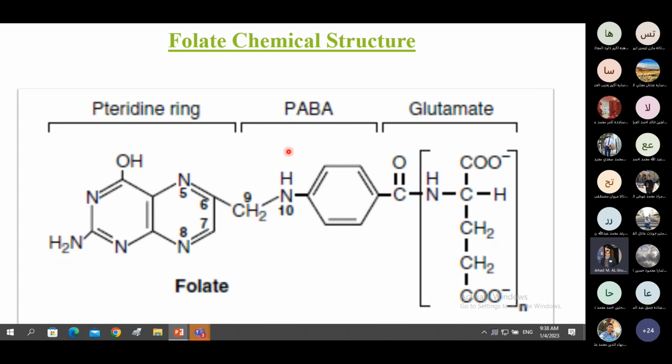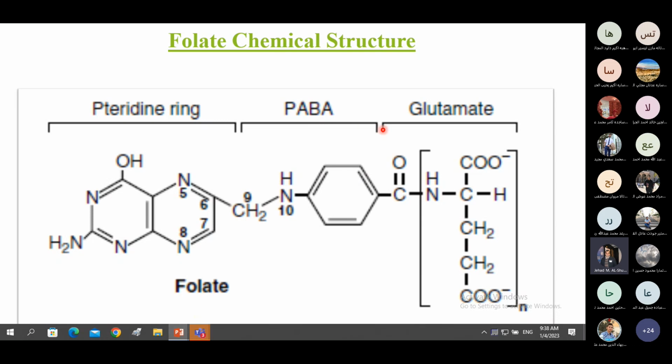The second is PABA. PABA is the short form of para-aminobenzoic acid, as you can see from the structure. Amino because of the amino group. Benzo because of the benzene ring. Acid because of the COOH. So para-aminobenzoic acid, PABA.